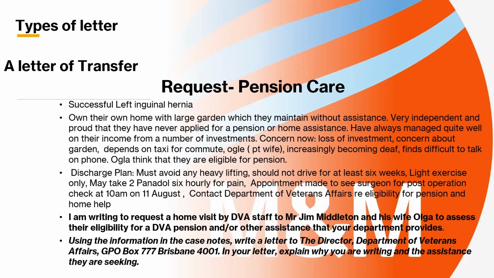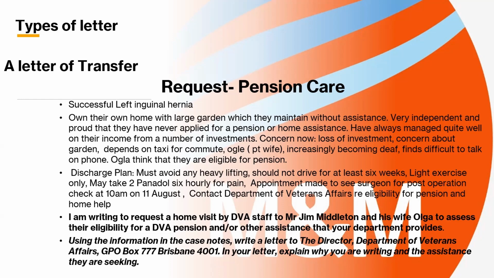I'm writing to request a home visit by Department of Veteran Affairs staff to Mr. and Mrs. XYZ to assess their eligibility for DVA pension and or other assistance that your department could provide, right?